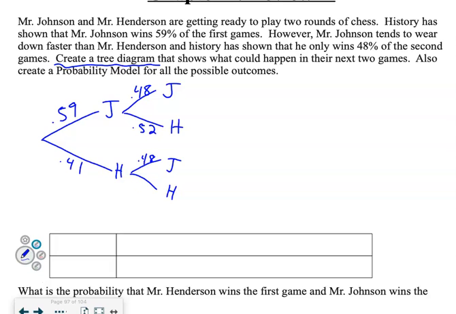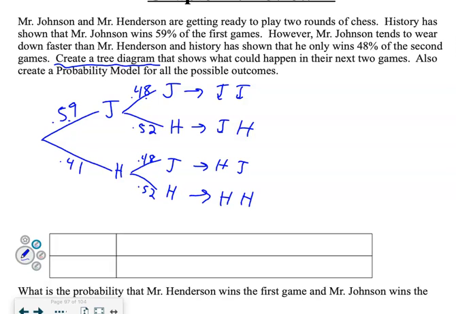So 0.48, 0.52. And so this is a Johnson and Johnson win. This is a Johnson and a Henderson win. This is a Henderson and a Johnson win. And this one down in here is Mr. Henderson winning twice. Okay? And so now remember, we need to take and multiply these together.